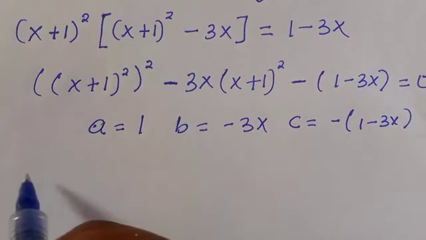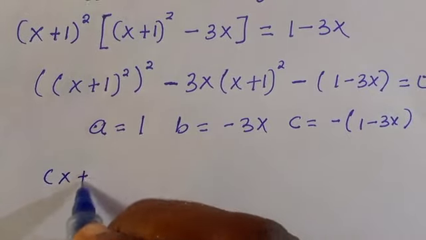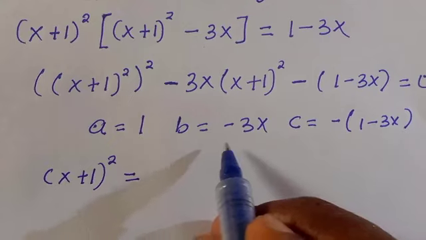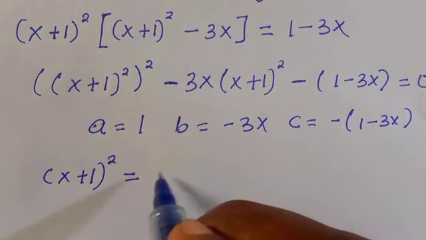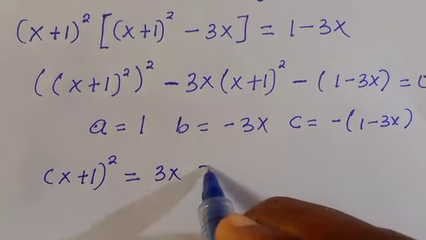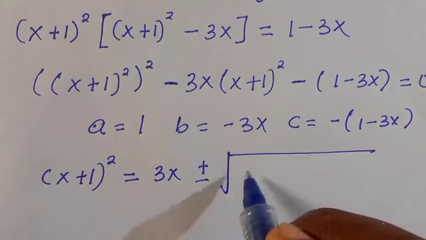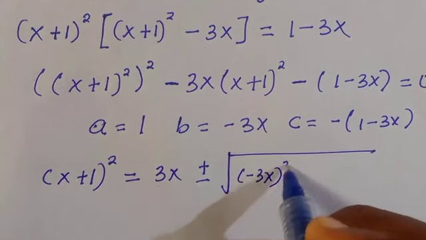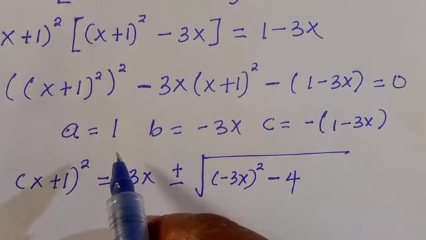So instead of x that we always have here, we are going to change it to x plus 1 square equals, and we have minus b, which is minus 3x. So we have it as 3x plus or minus the square root of minus 3x squared minus 4, and a here is 1.